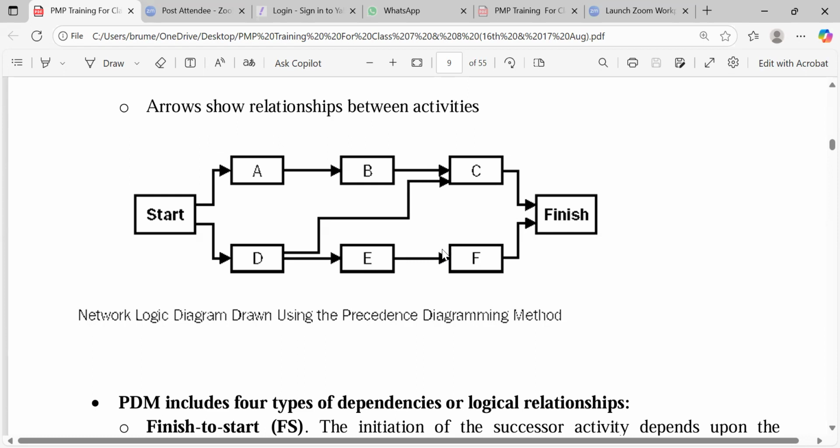The word float, the local term is playing time. These activities on the critical path, A, B, C, do not have playing time. It is this other path, D and E, that have playing time of 4 days, true or false, because they are 8 days now. They have playing time of 4 days.